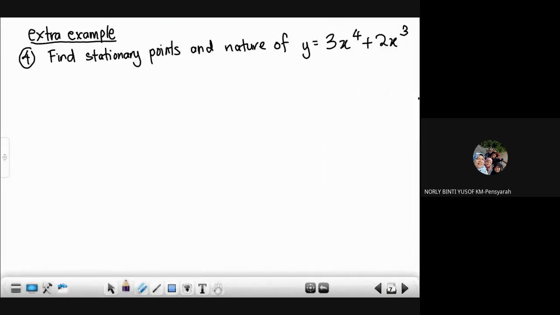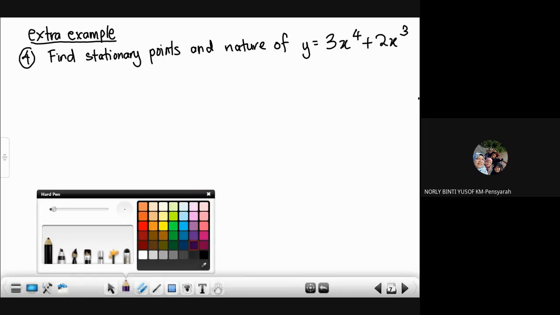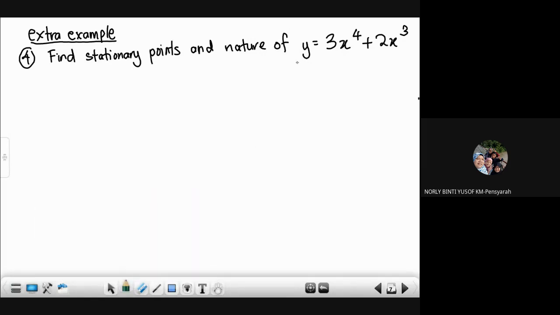Last ni, mudah je. Dia bagi function. So teruslah differentiate. Differentiate dapat dy/dx = 12x kuasa 3 tambah 6x kuasa 2.